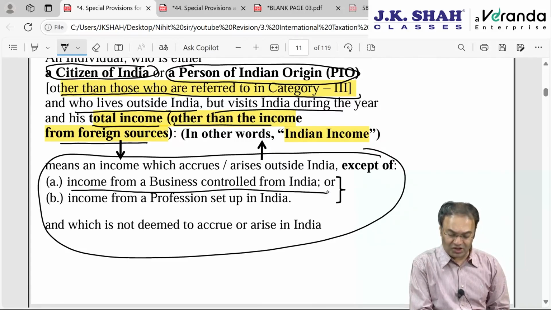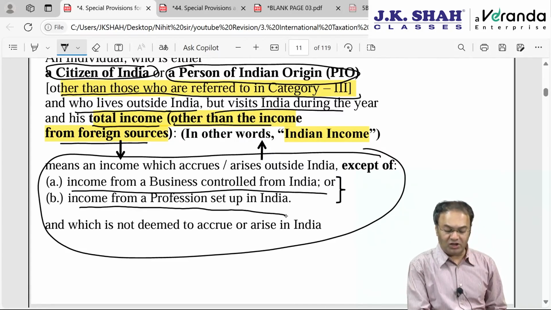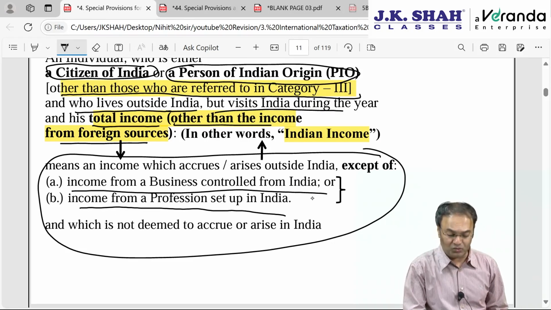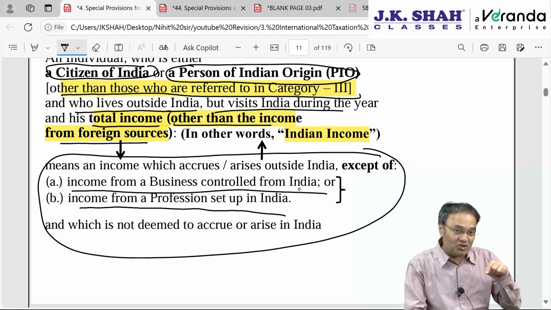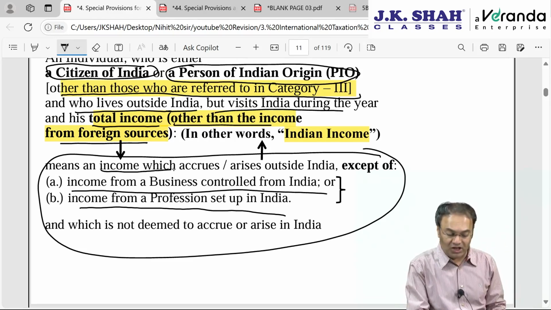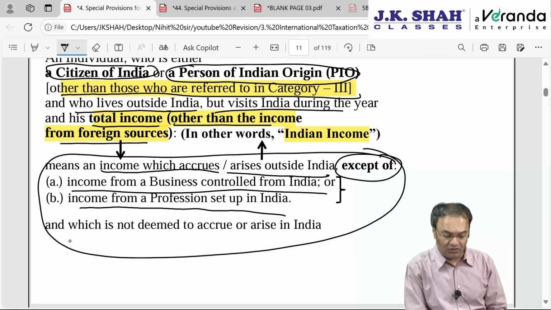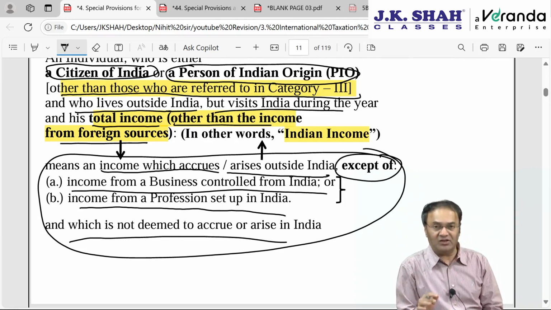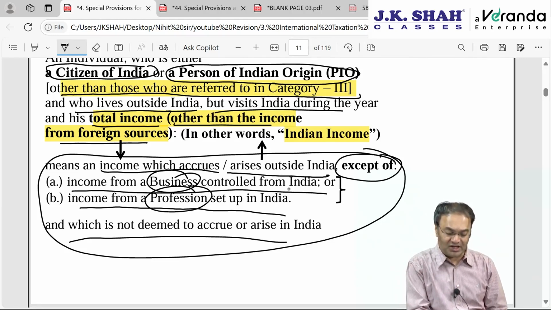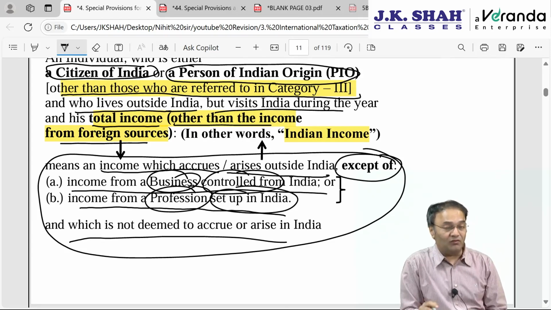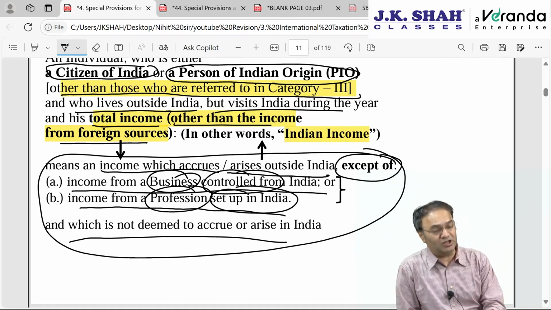These two incomes are actually foreign incomes, accruing or arising outside India, and not deemed to accrue or arise in India. But in spite of being foreign income, these two incomes from business or profession set up in India or controlled from India will be considered to be Indian income and not foreign income.